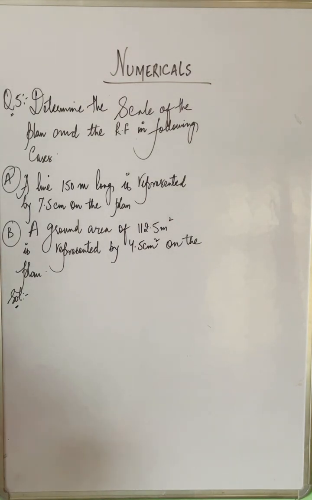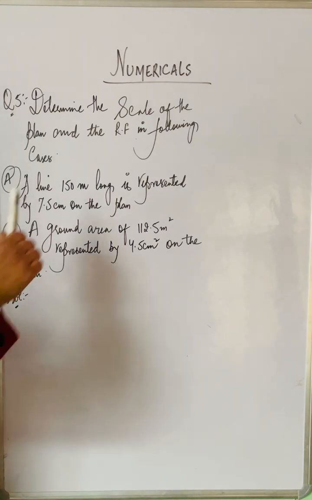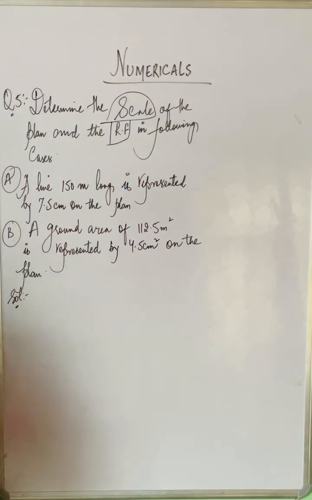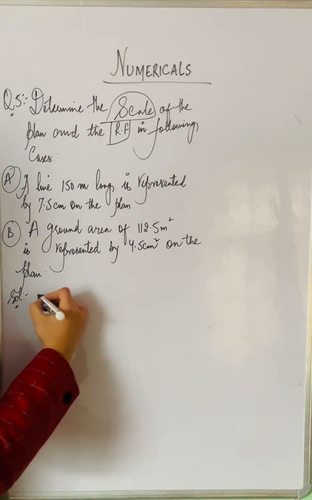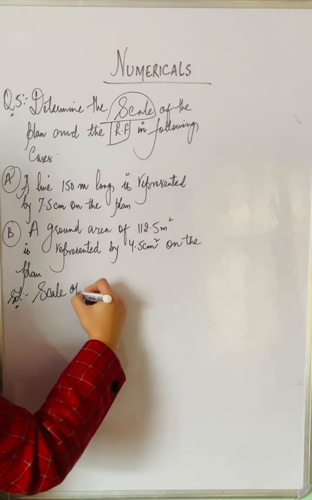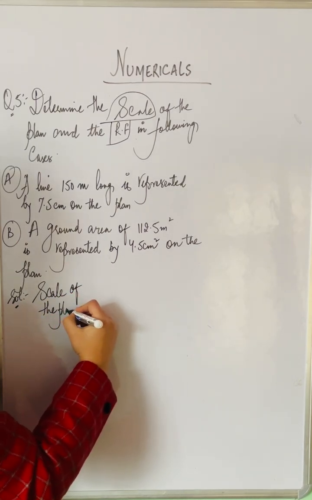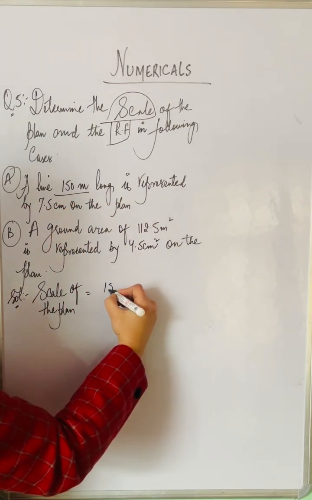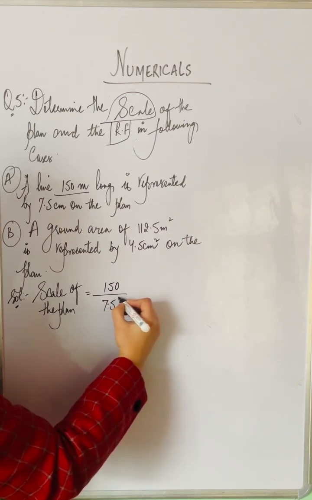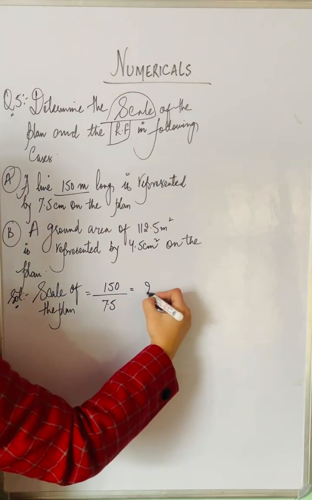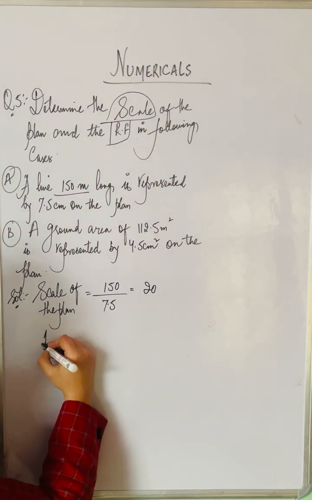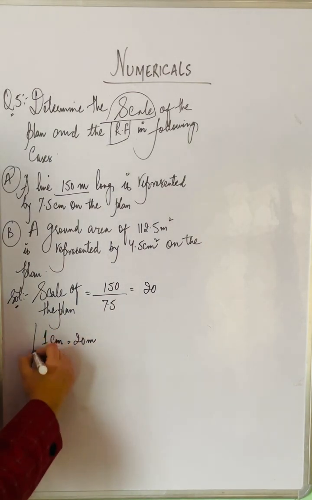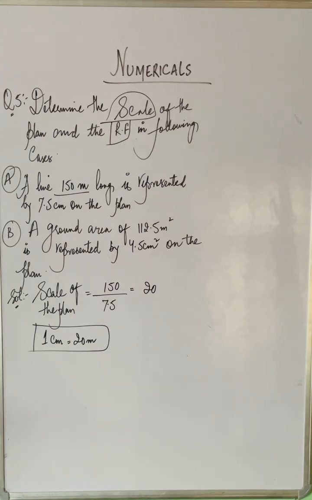Case number 1, we'll take this case. What is the scale of the plan? We have to determine the scale and the RF in each of the cases. Okay, so case number 1. What is the scale of the plan? The scale of the plan will come equivalent to 20. That means 1 centimeter represents 20 meters on the ground. This is the scale. And what will be the corresponding representative fraction?